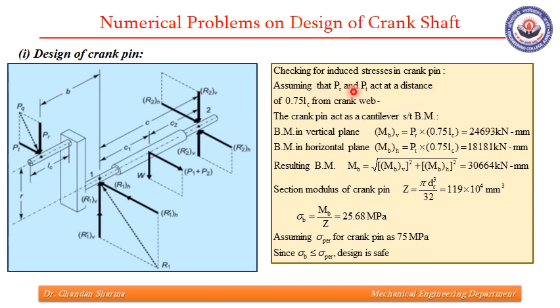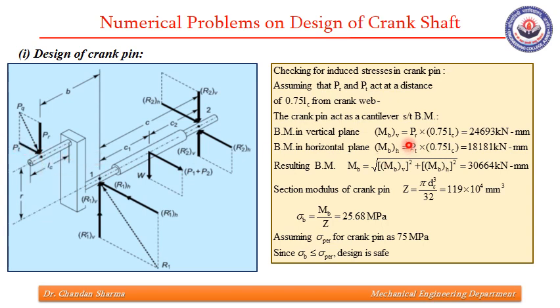PR and PT will act at a distance of 0.75 LC that we have already discussed in the lecture slides. Now, the bending moment in the vertical plane will be given by PR, this load, into this distance 0.75 LC, plus the bending moment in the horizontal plane, which is PT, this force, into this distance.